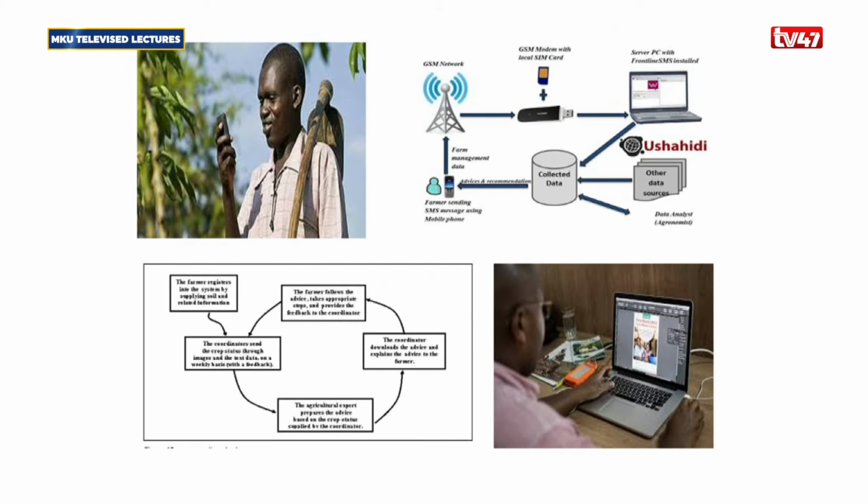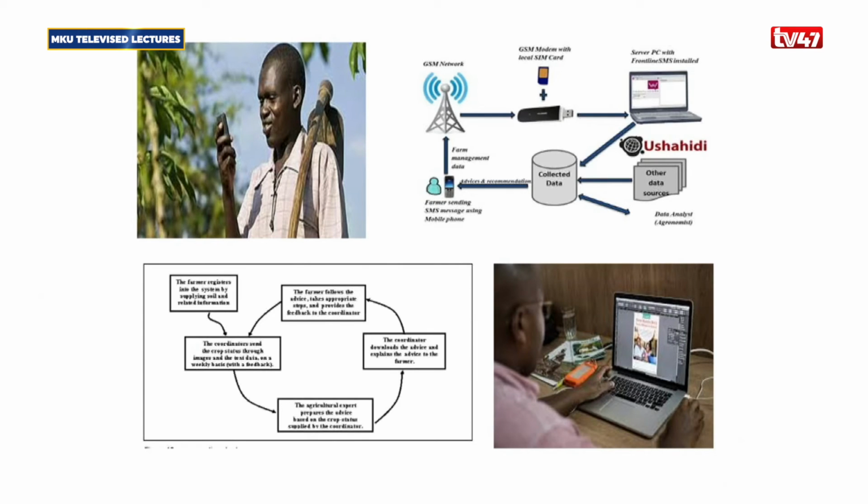Now we have many cases of information which the farmers can look for and obtain even through their mobile phones. And behind that, we have the agricultural scientists with access to computerized information, and that computerized information is found in databases which are fed by information scientists.